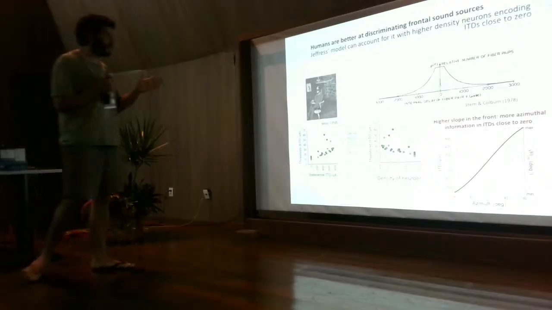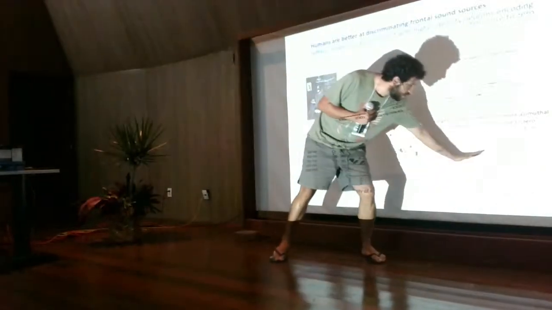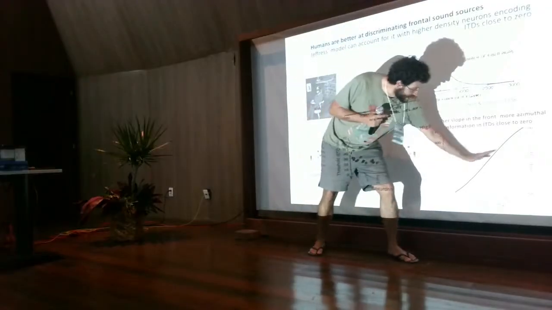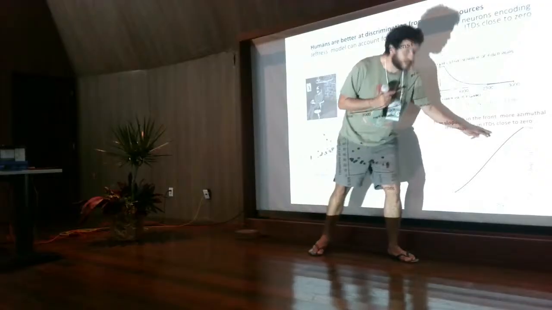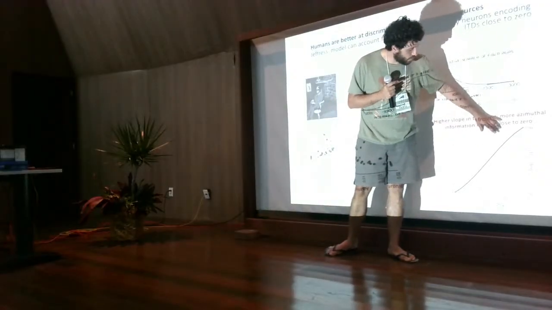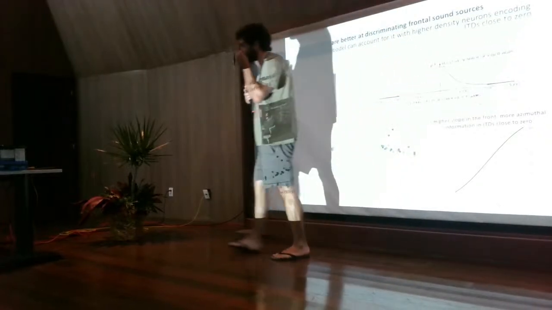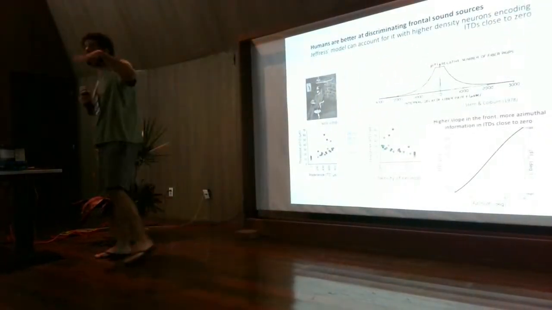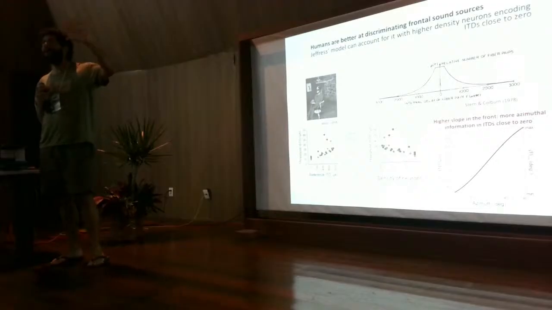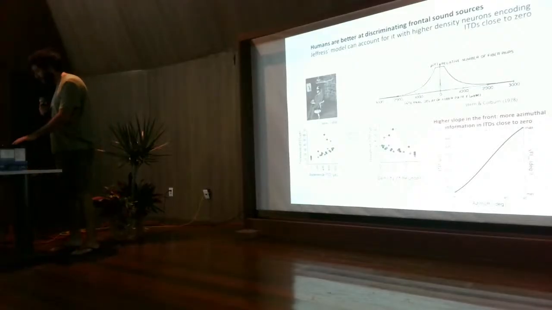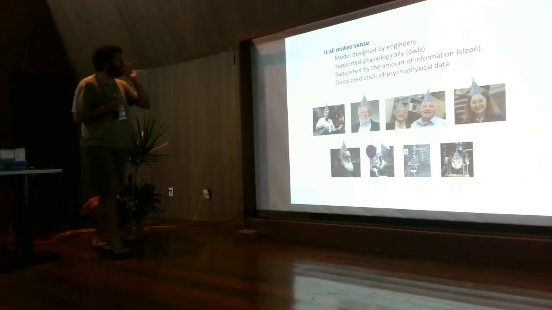You have a higher slope in this association between azimuth and ITDs, and this higher slope would be the range where the azimuth can be estimated with lower uncertainty, right? So this is the Fisher information approach. So the ITDs have more information about azimuths in the frontal region. So everything matches, right? Everything makes sense, right?